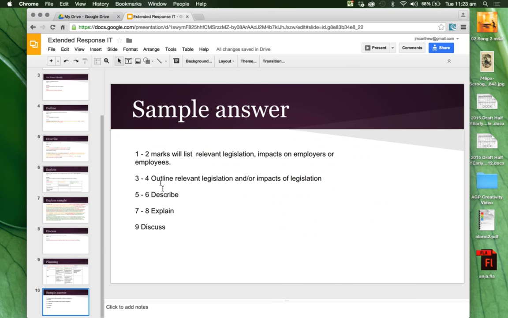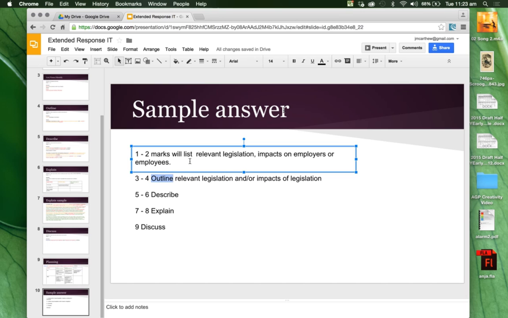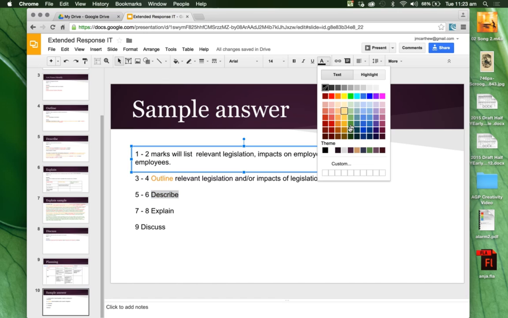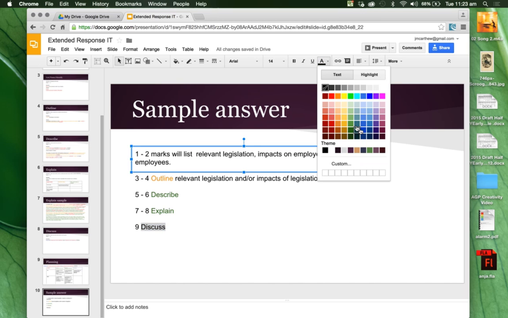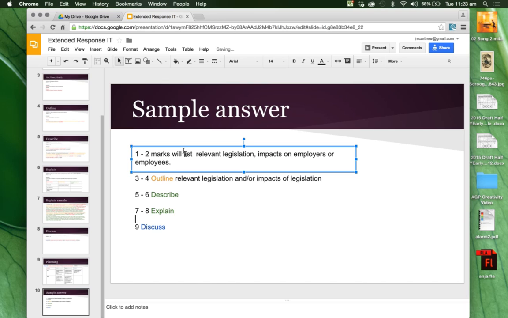So what I'll do last of all is just quickly color code these. Yep, orange. This will be green. Or black. And this will be blue. And now we're going to have the debate about it.